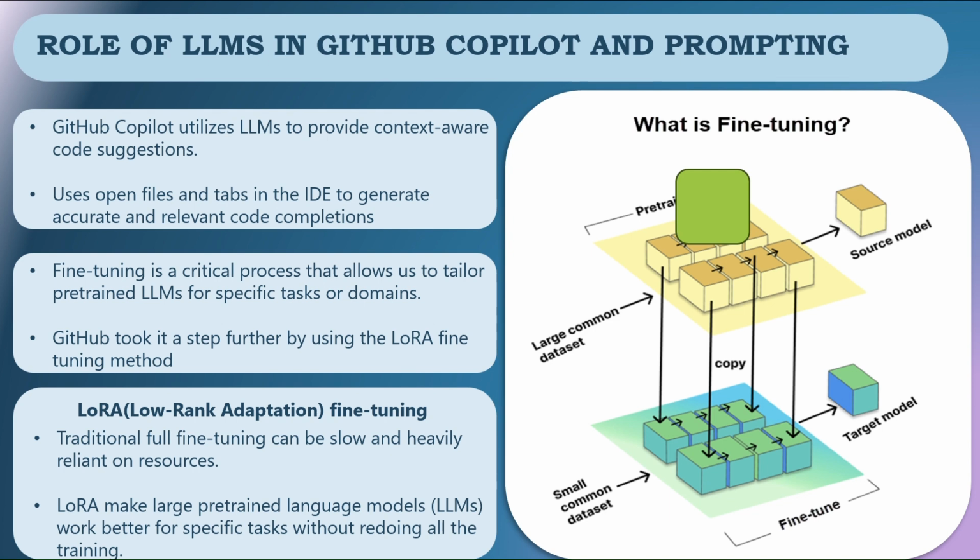So traditional full-scale fine-tuning means to train all parts of the neural network, which can be slow and heavily reliant on resources. But LoRA or low-rank adaptation fine-tuning is a clever alternative. It is used to make large pre-trained language models work better for a specific task without redoing all the training.